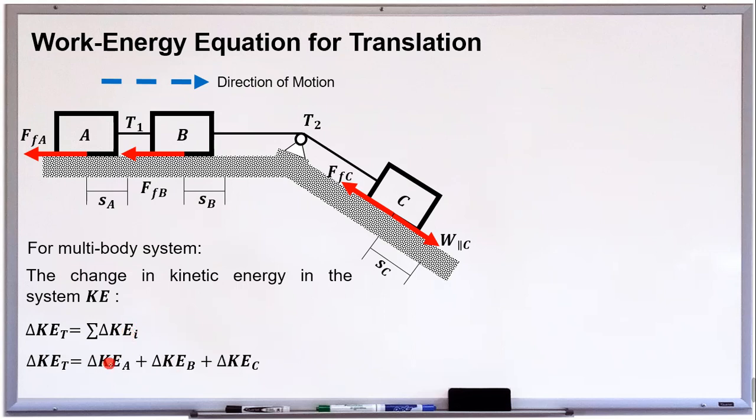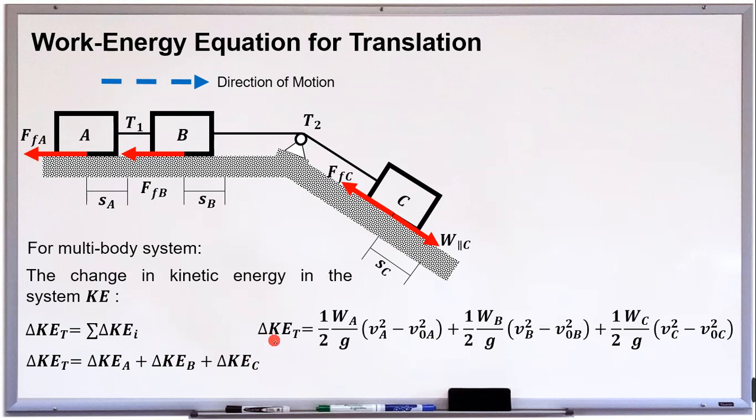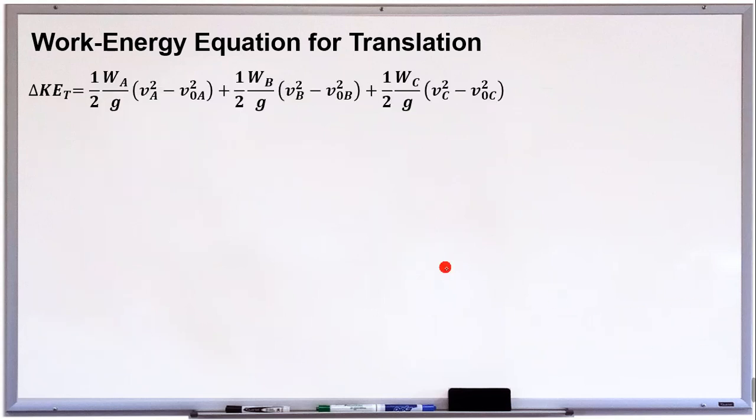So we have the change in the kinetic energy for block A, then for block B, and then for block C. Now, we all know that the formula for the kinetic energy is 1/2 mass times the difference of the square of the initial and final velocity. So this is the expression that I am talking about. The first term is for block A, the second term is for block B, and the third term is for block C.